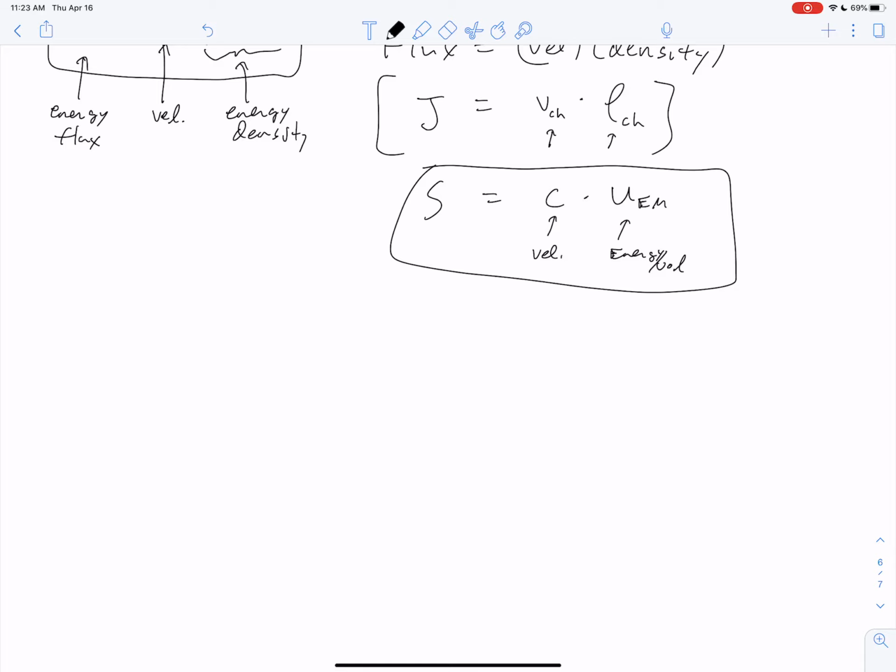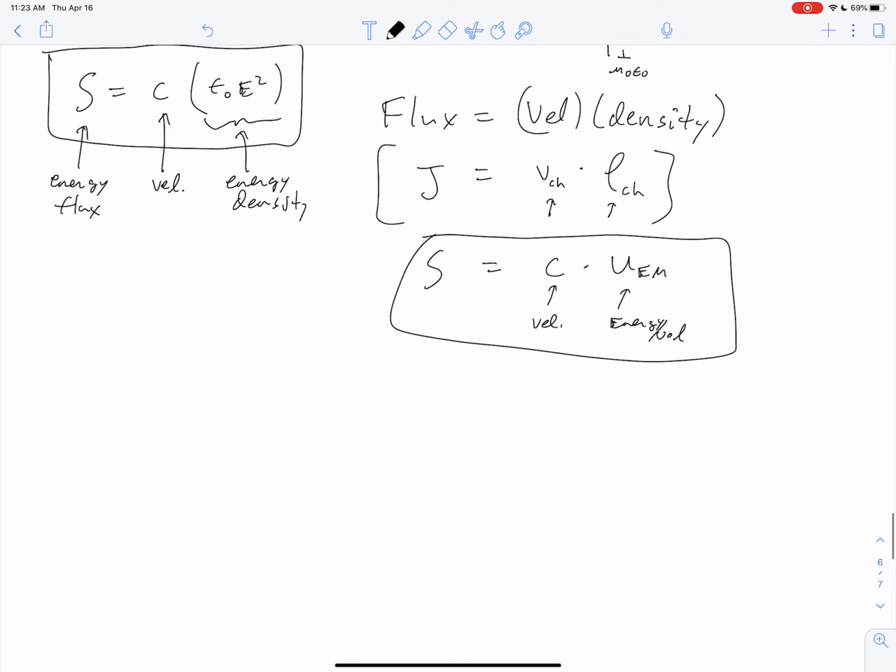This is very visual, because if I have S, the energy flux, that's also the power per area. That's the power per area carried by the electromagnetic wave.